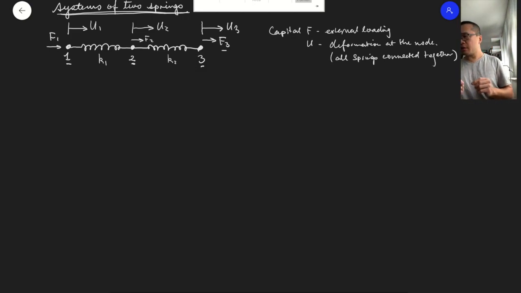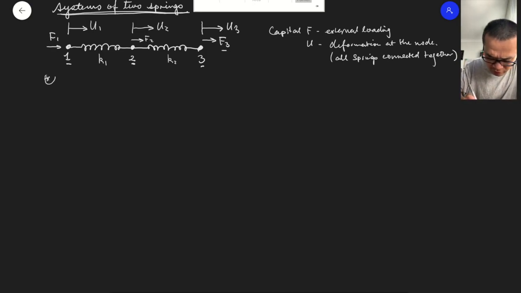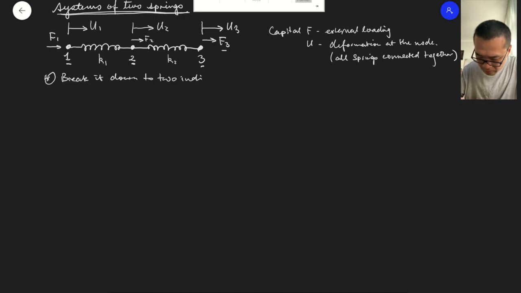Now we know that because we need to solve these two springs together, what we have to do is actually break them apart first into two individual elements. So we need to break it down to two individual elements.